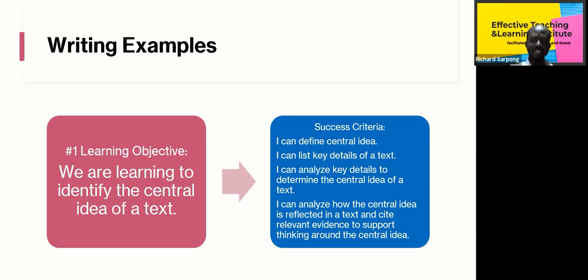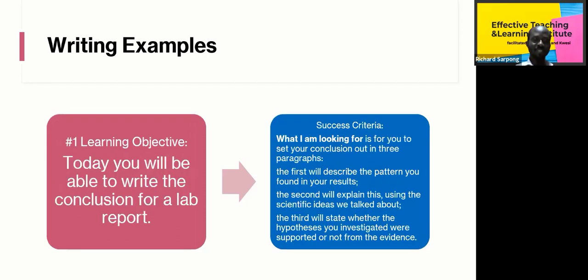So these are things that the students are going to use to see whether they have mastered identifying the central idea of a text. So here you can see it's beyond just knowledge, but it's also requiring the learning of what? Understanding.